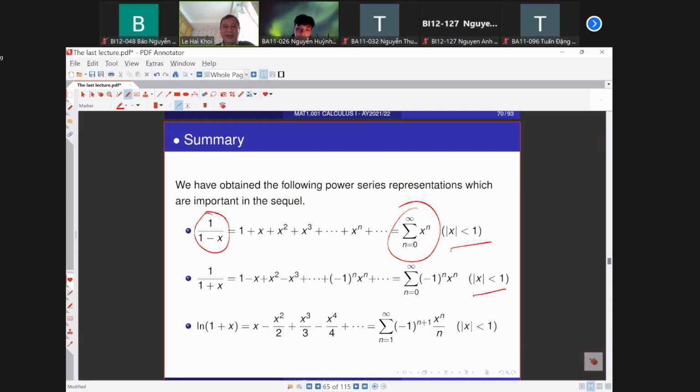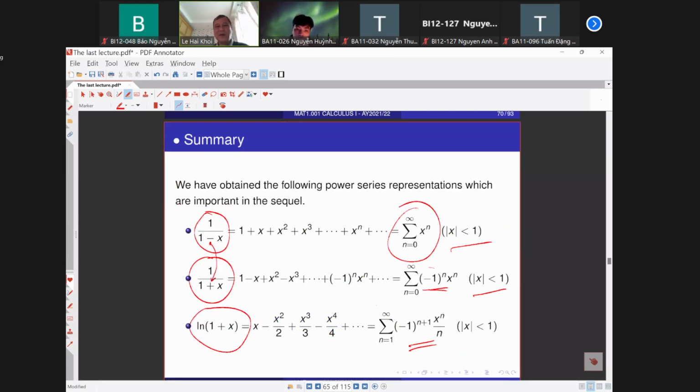For the same x, if you look at 1 over 1 plus x, then here is what you have, right? Then you have negative 1 to the power n, x to the power n. You see, you change from minus to plus. This change is for more complication, right? And the other case, the logarithm of 1 plus x we just talked about is that series.